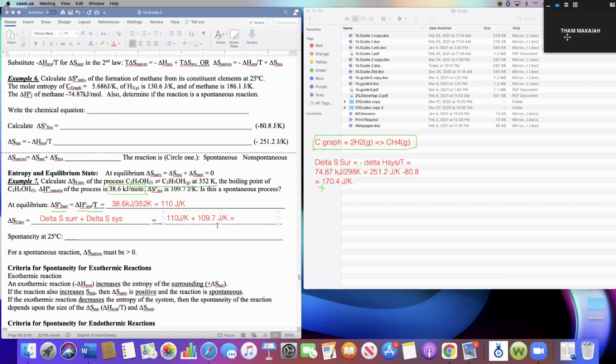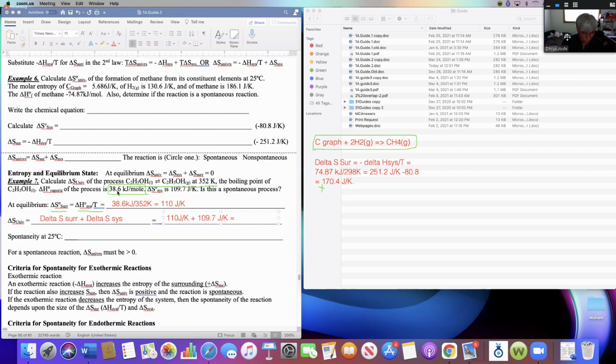Is there supposed to be a negative in front of the delta S system divided by temperature? That's what I thought, but I don't see it. So this delta S of vaporization of this process is 36.8 kilojoules per mole, and this is heat, you will have to heat it.